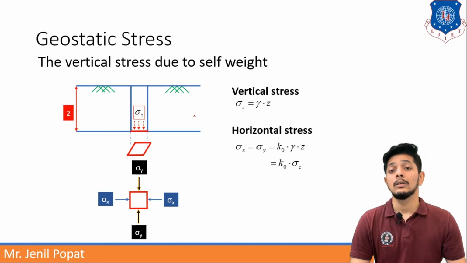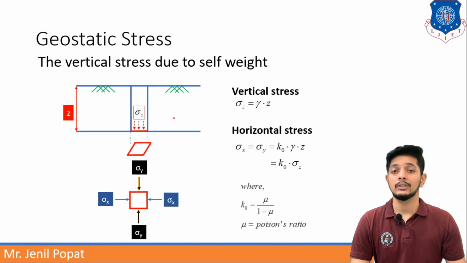Here I am writing sigma x equal to sigma y because both act in the direction perpendicular to the vertical stress. I can also write gamma into z as sigma z. So sigma x equals sigma y equals k0 into sigma z, where k0 is mu upon 1 minus mu, and mu is Poisson's ratio.